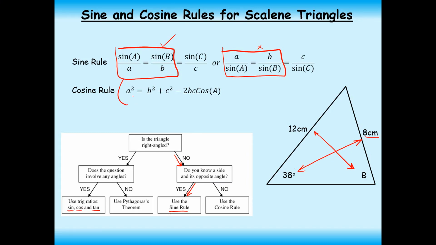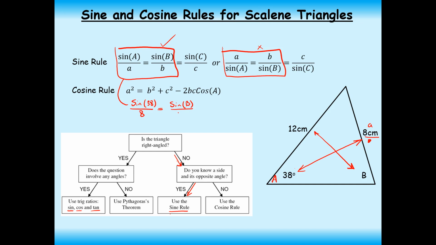So this is capital A and that's our little a here. I substitute sine 38 divided by 8 equals sine B divided by 12, because that's the opposite side.